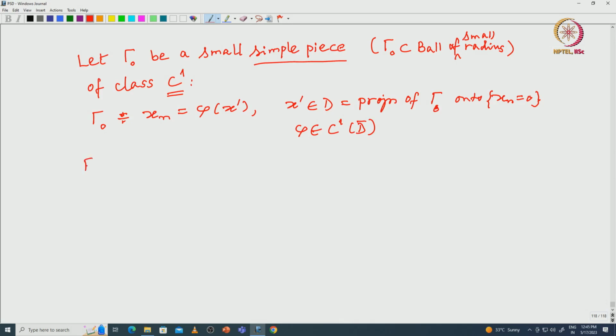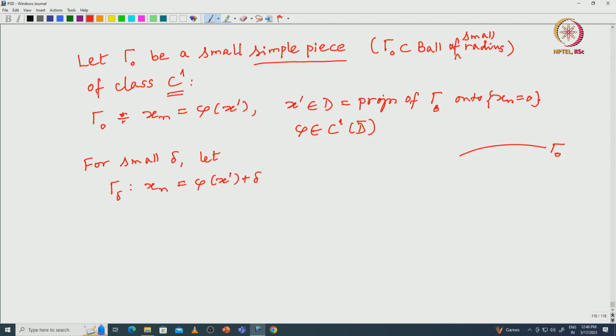So, for small delta, positive or negative, it does not matter, for small. So, let me just write this. So, this gamma 0 is somewhere. Okay. Small delta, let gamma delta be given by this, so this is just a translation. Okay. So, this is also a simple piece of class C1, because I am just adding a constant.